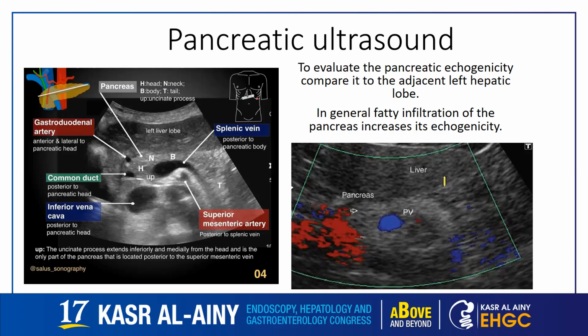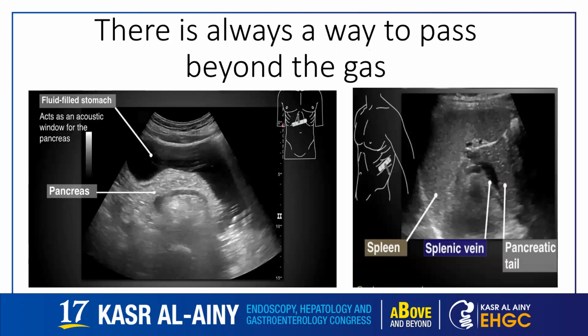Although visualization of the body and tail can be a bit challenging in some patients, there are multiple techniques used to improve the visualization, and there is always a way to pass beyond the gas. Either by filling the stomach with fluid, we ask the patient to drink about 500 milliliters of water and then scan the pancreas within 15 minutes, with the probe in the transverse position under the xiphisternum.